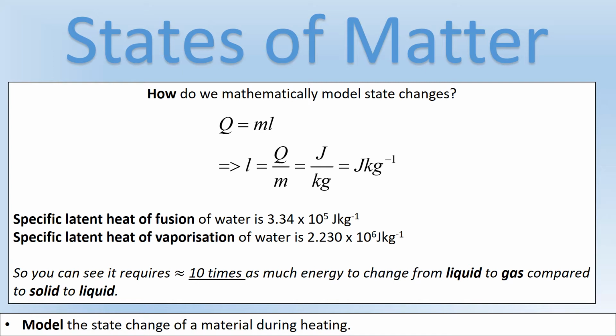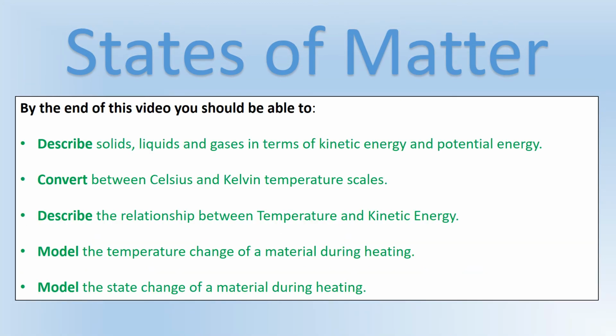So you can see it's 10 times bigger for vaporization than for fusion, which matches up with what we saw before when we saw that we expect a much bigger change in potential energy from a liquid to a gas. So that is the method we use to model state changes as well.